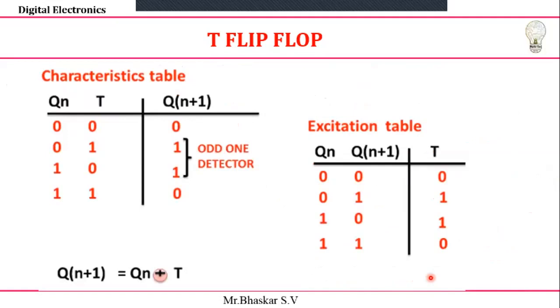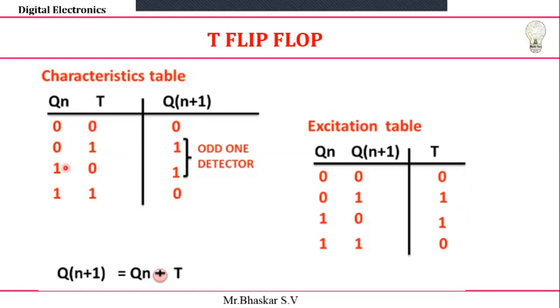Then how to write the excitation table? It's very interesting. Look for 0, 0. If both values are 0, 0, then I can directly write the T value as 0. Next, 0, 1: we can predict the value is 1. For 1, 0, the value is 1 only.